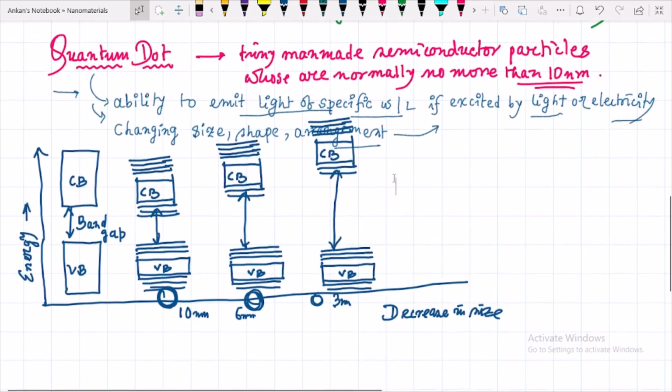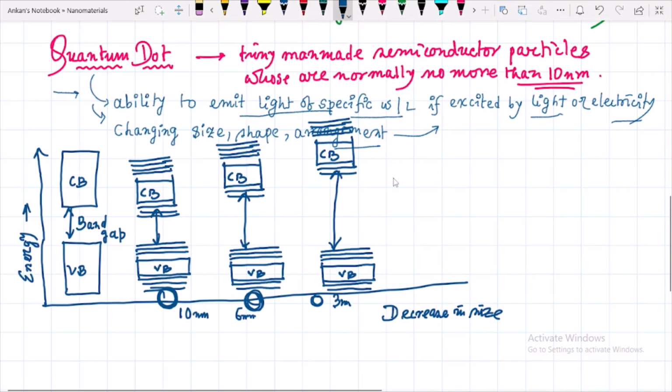So by controlling the size, we can achieve this. One thing I have forgotten to discuss is that the band gap is greater as compared to this one, which corresponds to the bulk one.